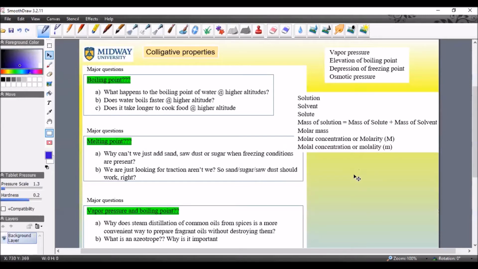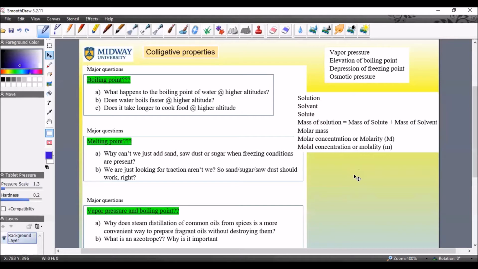With that said, I'm going to spend very little time on each video, just to make things more interesting and not give a lot of information per video. We're going to discuss each of the various concepts listed above, such as vapor pressure, boiling point, freezing point, and osmotic pressure.